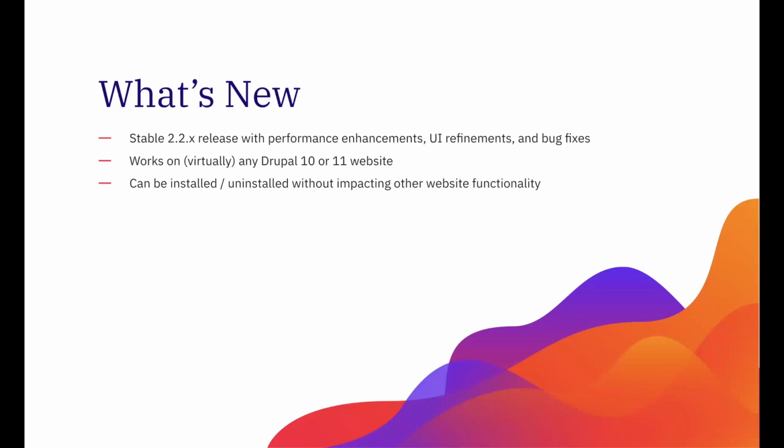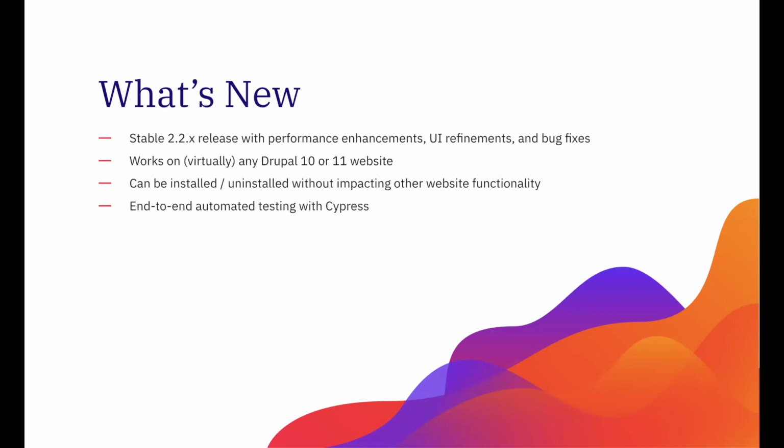This is not a new way of storing data, handling data, working with content. It doesn't change the field system in Drupal at all. It sits on top of all of that to provide a UI. And it's been very important to us all along that this can be installed and then later uninstalled without impacting a website. So it really is just an authoring tool.